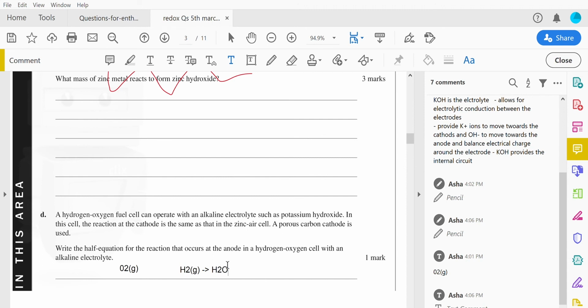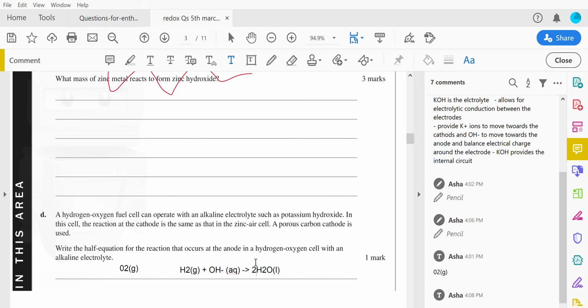So I'll put my liquid in. But what else am I going to have here so I can get hydrogen into water? Well, we know that it's going to be an alkaline electrolyte. So I've got my hydrogen gas plus a hydroxide ion, aqueous. Is this all balanced? No, I've got 2 hydrogen here on my reactant side, 2 here, but then I've got another hydrogen on my reactant side plus my oxygen.